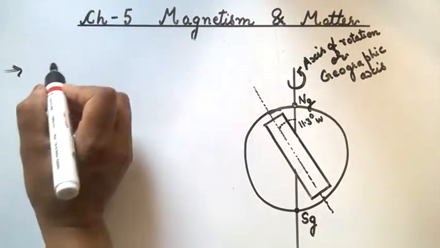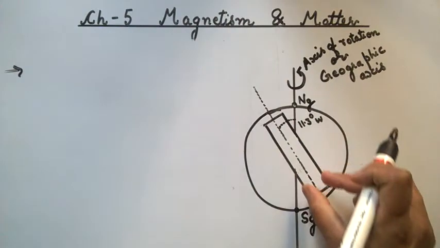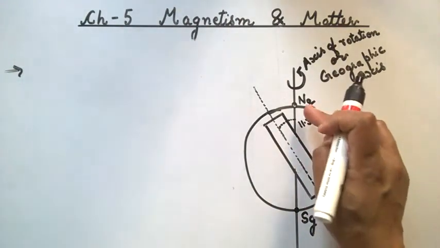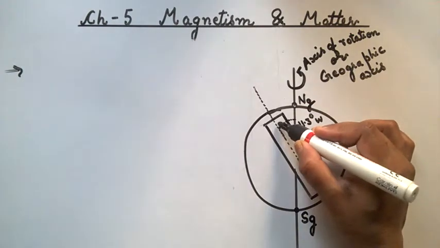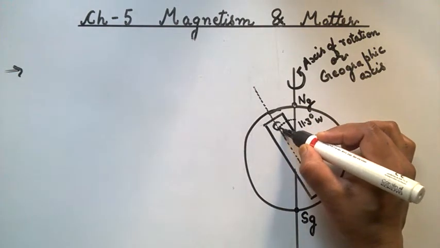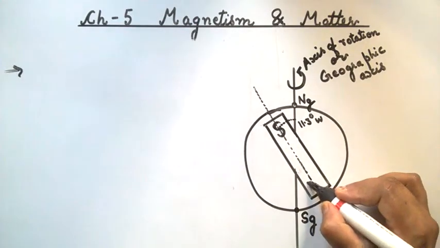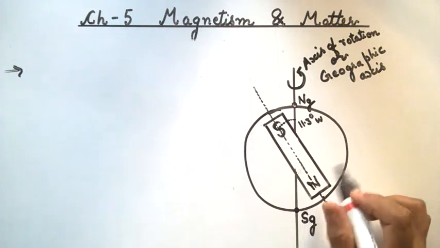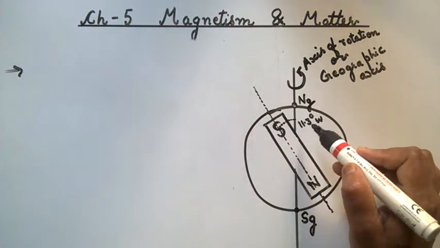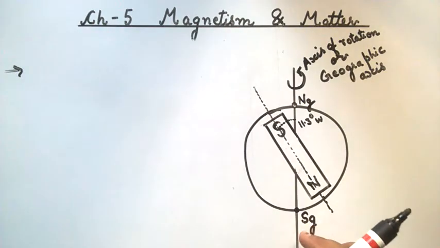And the south pole of this giant magnetic dipole is towards geographic north, that is here, south pole of a magnet, and this is the north pole of a magnet, which is tilted by the angle of 11.3 degree, and it is towards geographic north and geographic south pole.